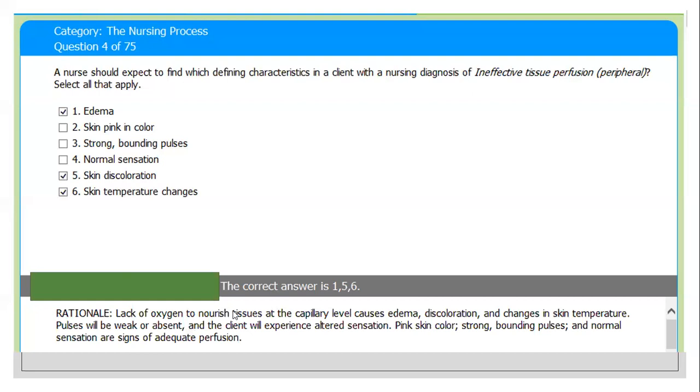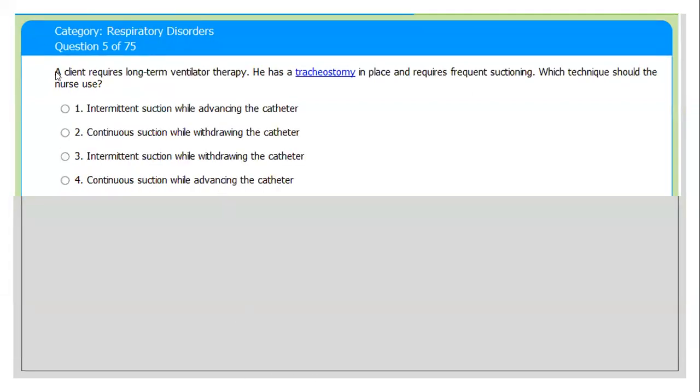And next question: a client requires long-term ventilation therapy. He has a tracheostomy in place and requires frequent suctioning. Which technique should the nurse use?